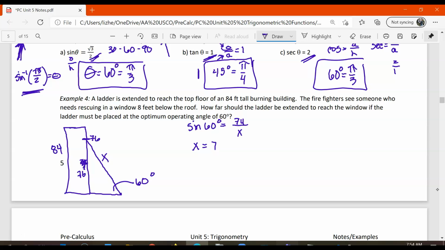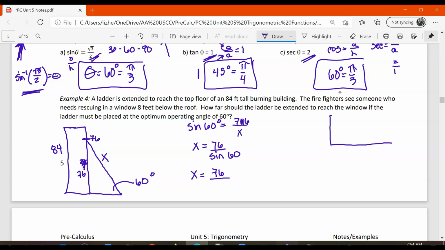This is 76. Thank you very much. Okay. x is going to be 76 divided by the sine of 60. Without using a calculator, what's the sine of 60? We have found that many times, but we can also use our special right triangles.